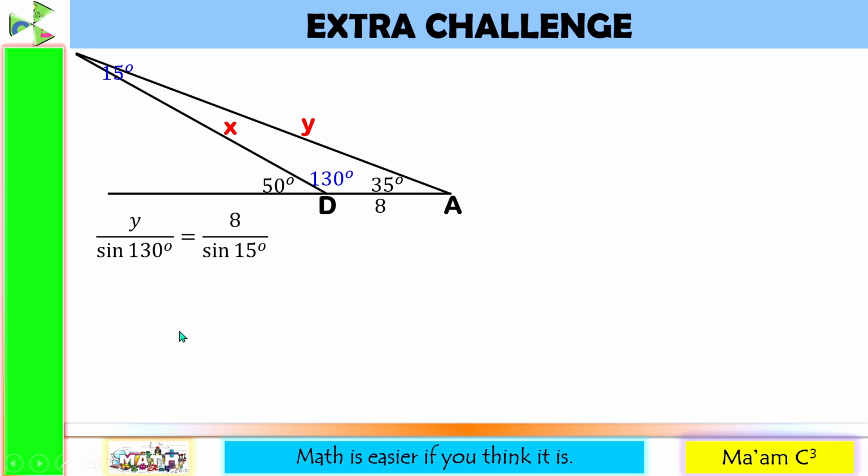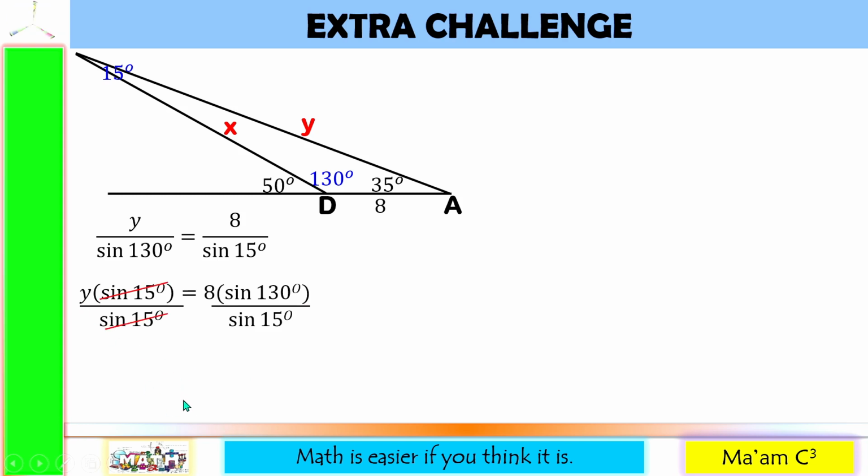Cross multiplication, we have y times sine 15 degrees is equal to 8 times sine 130 degrees. We only need y, so we're going to divide both sides by sine 15 degrees. So these two will cancel out. So I have y is equal to 8 times sine 130 degrees all over sine of 15 degrees.